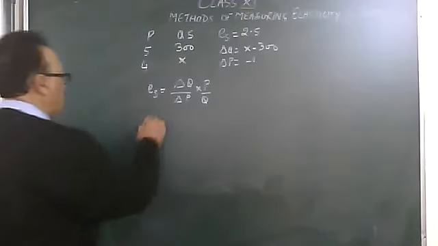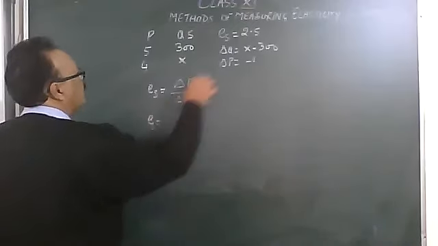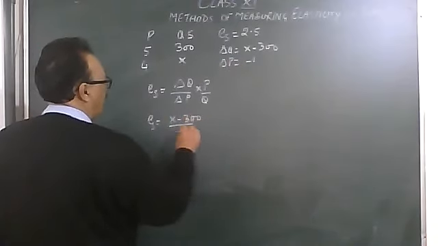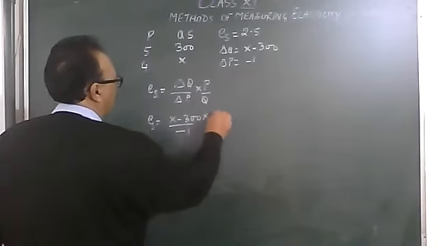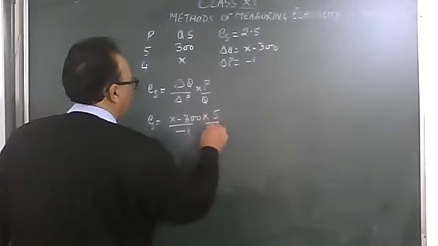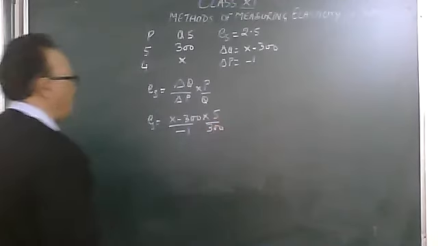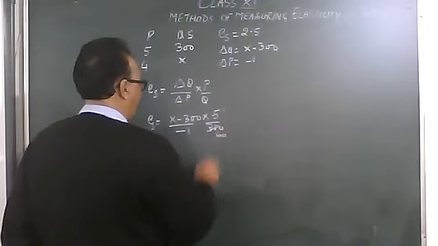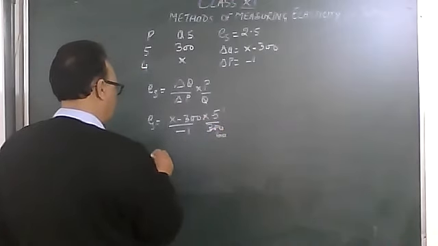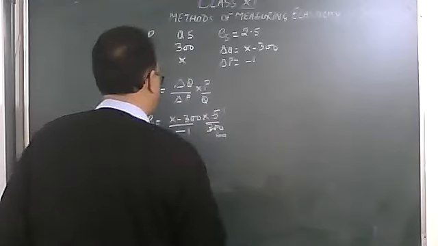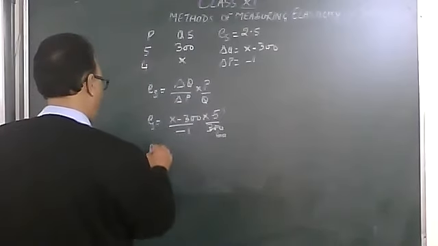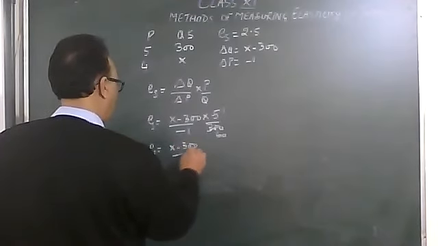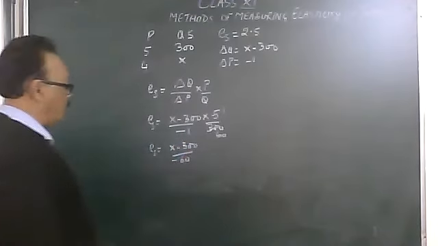So, elasticity of supply is X minus 300 upon minus 1, into the original price, 5, upon the original quantity, 300. 5 upon 300 is 1 upon 60. So ES is equal to X minus 300 upon minus 60.